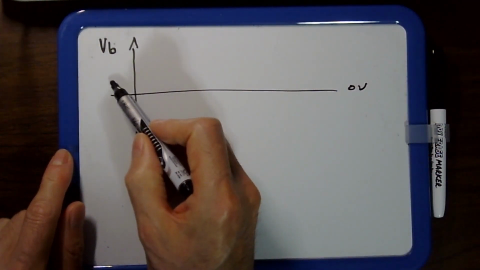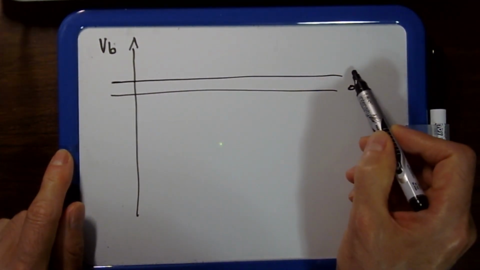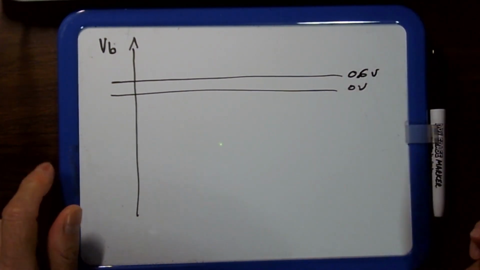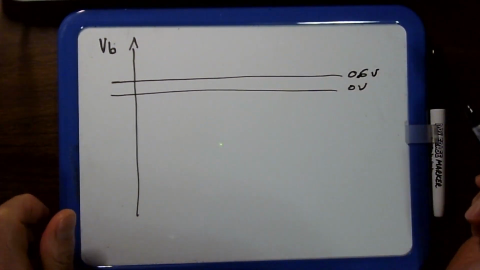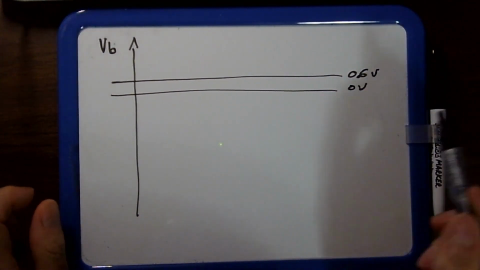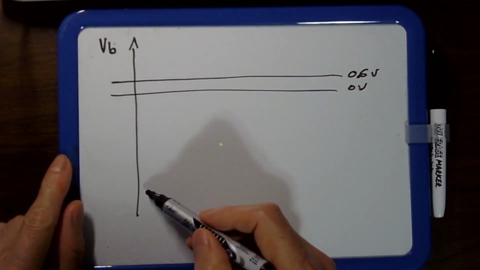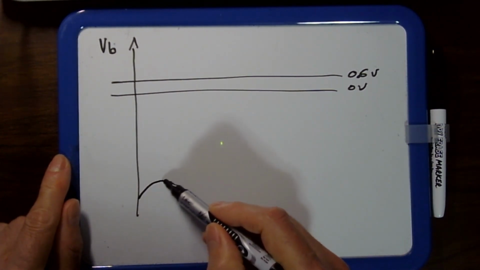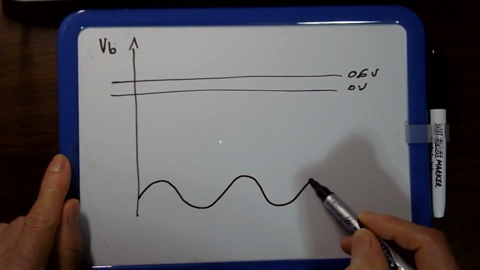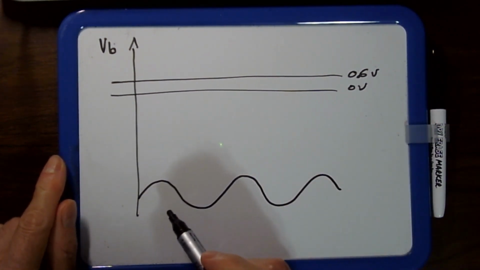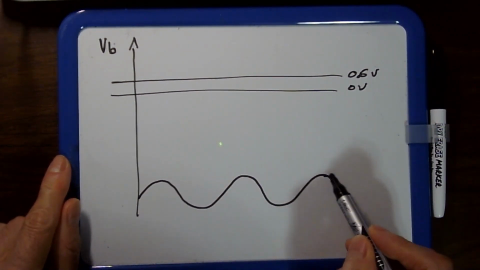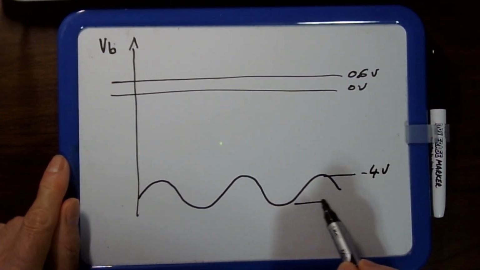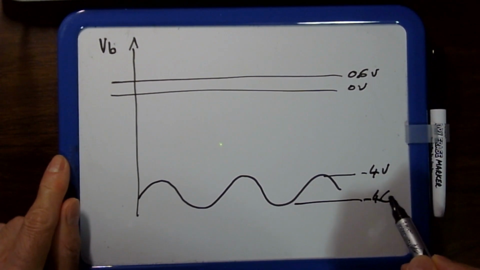Let's put the 0.6 or 0.7, 0.6, the cutoff point basically. And it basically oscillates, the audio signal shows up here. And this is -4 and -4.6, something like that.